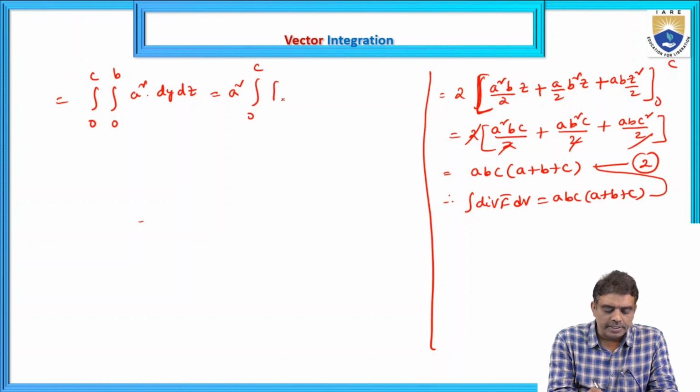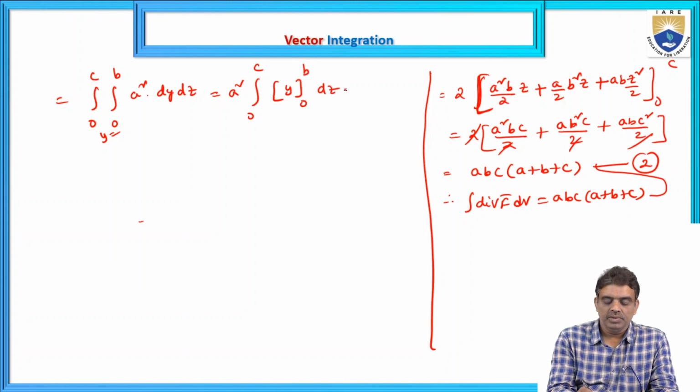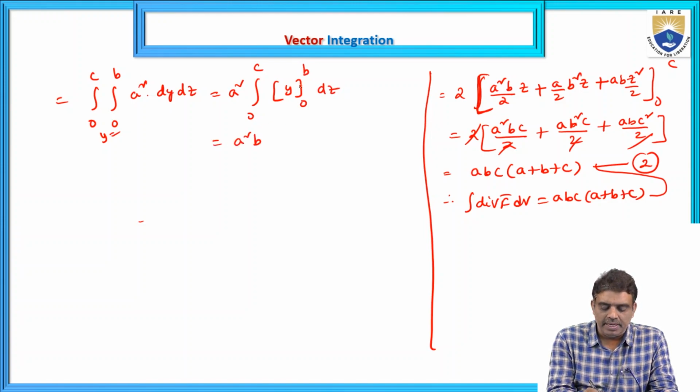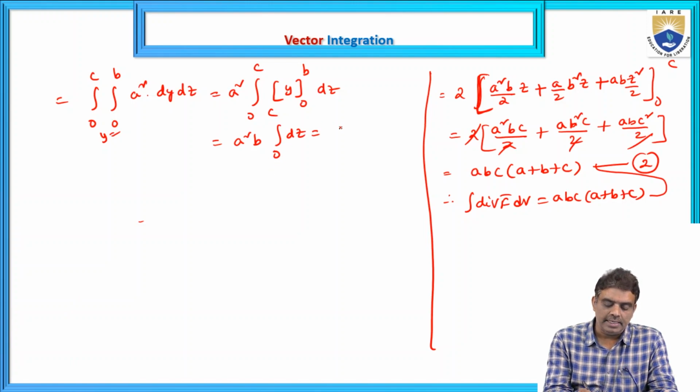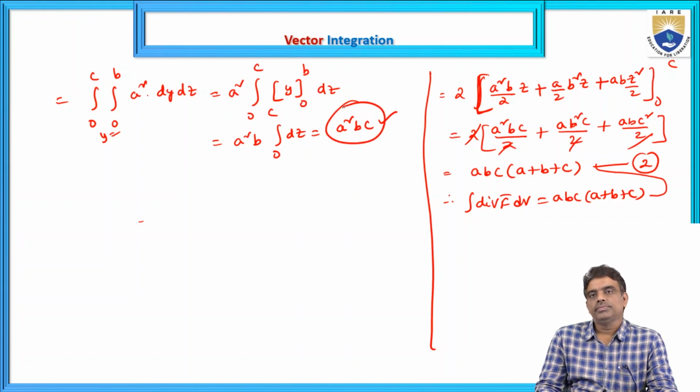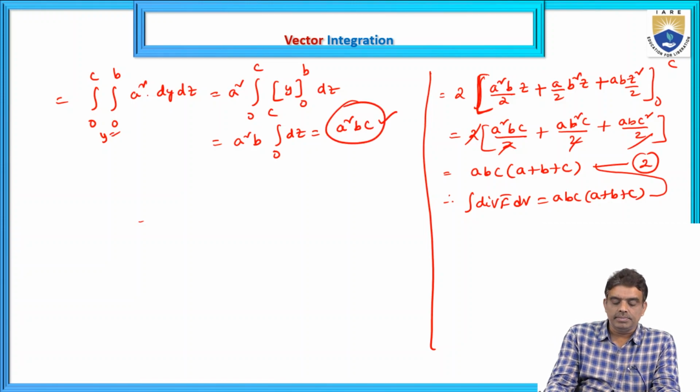Integrating first with respect to y, integral dy from 0 to b gives a square b minus 0, and outside, integral 0 to c dz. The integral dz is z between 0 and c, so that is a square into b into c. That is another value, a square bc.